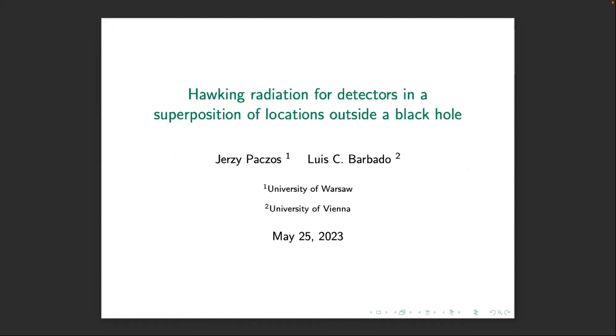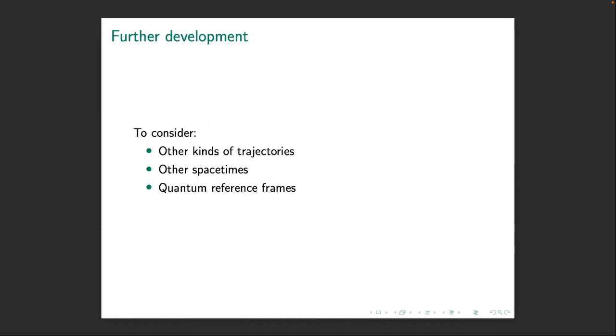Okay, that's it as far as the results are concerned. We can also consider some further questions to be addressed. First of all, we considered static trajectories, but one can also take a look at other kinds of trajectories.